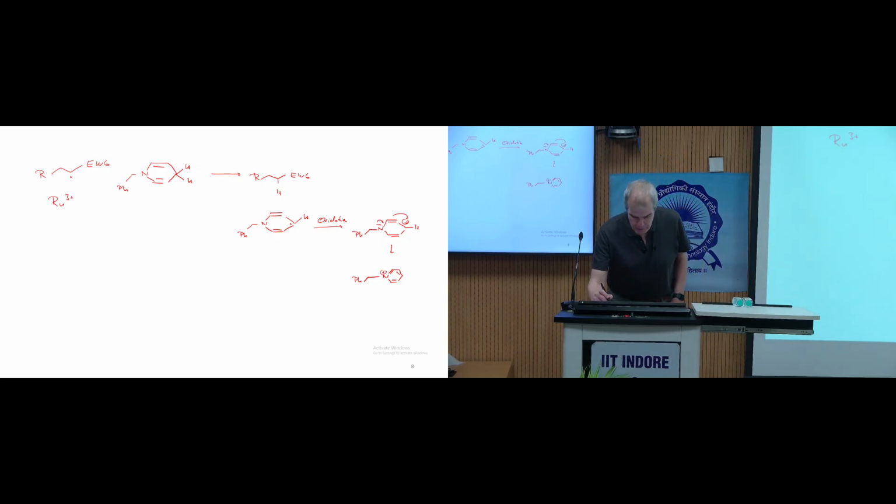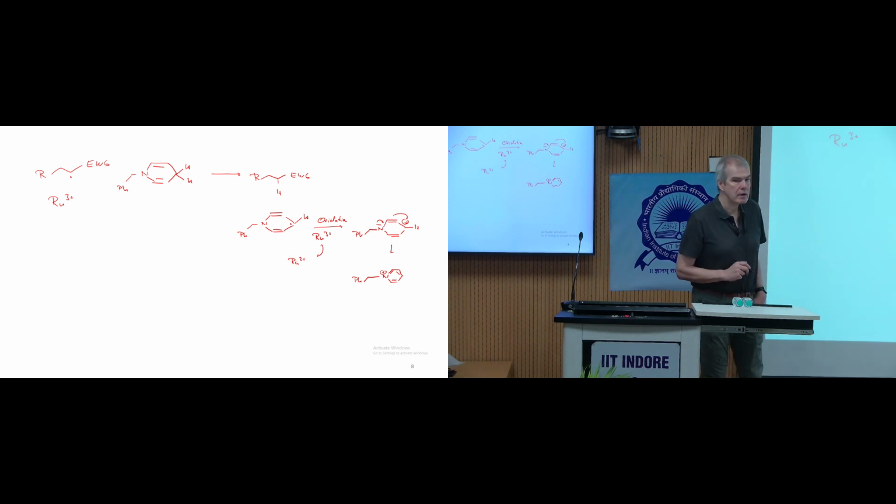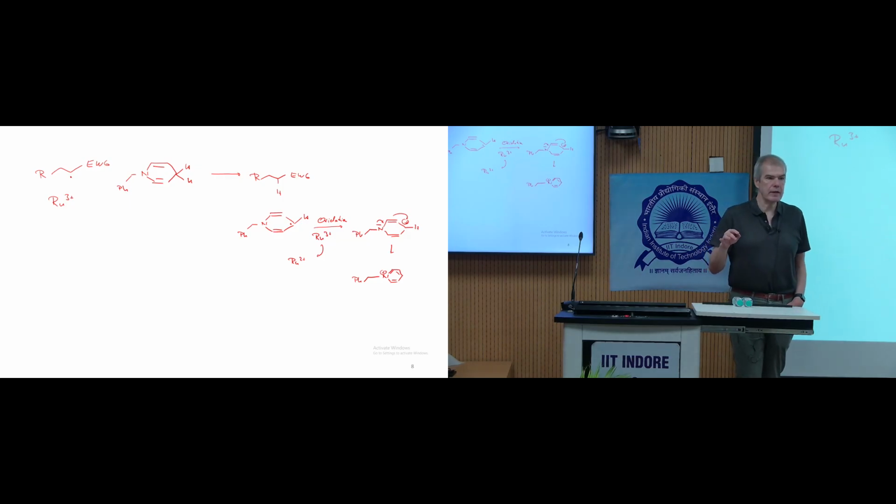And so in this moment, if I have ruthenium 3, I need to do an oxidation, and this will allow me to go back to ruthenium-2. So that's an interesting technique that you can do, overall a hydrogen transfer in both scenarios, where you need to reoxidize your metal catalyst or where you need to do a reduction of your metal catalyst.